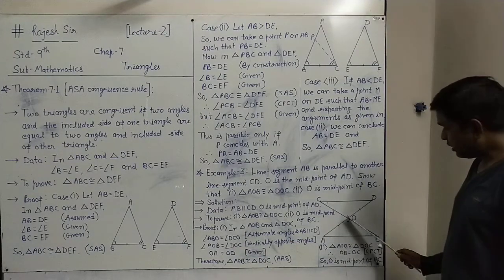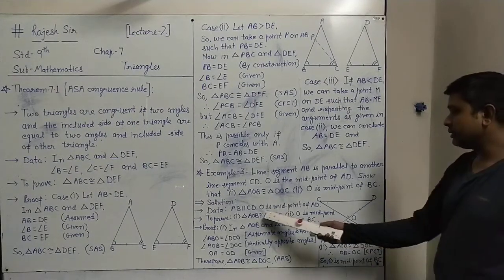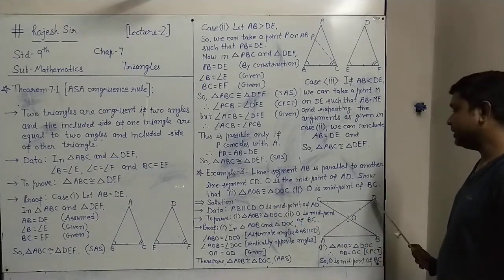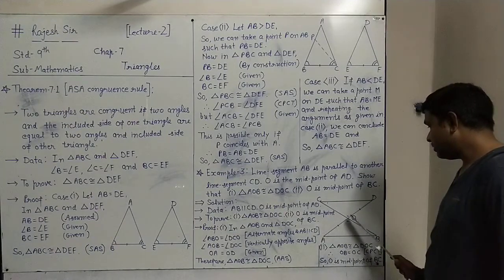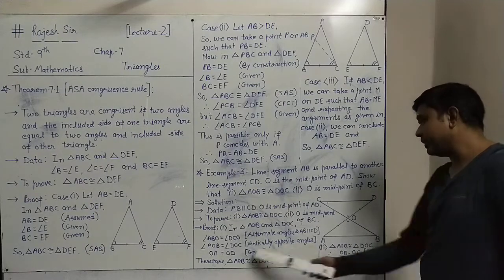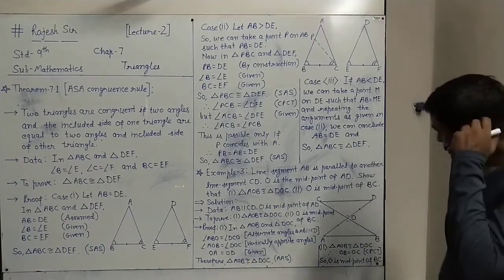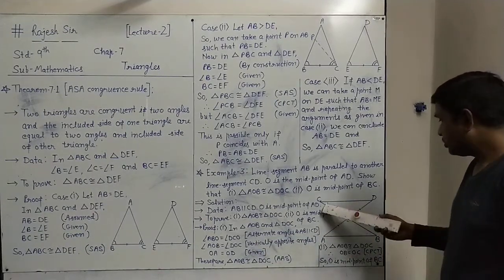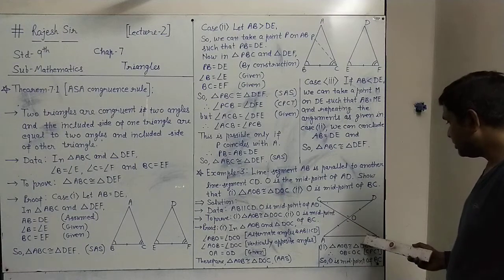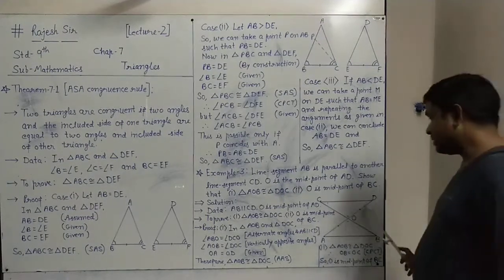Next, we can write OA equals OD. Why can we write this? Because it is given that O is the midpoint of AD. So in these two triangles we have shown two angles equal and one side equal.